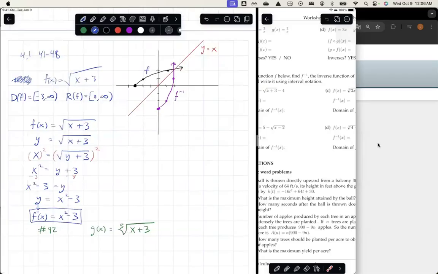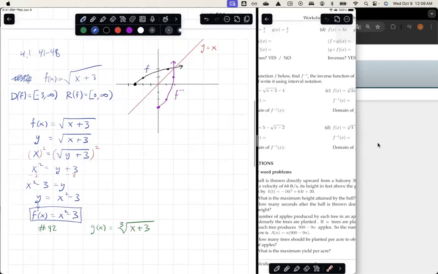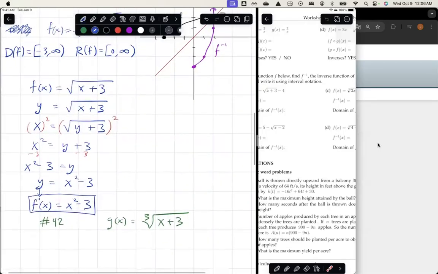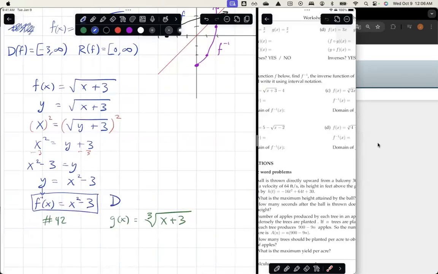The only catch here is that it is not the entire parabola. It turns out that the domain of an inverse function is going to be equal to the range of the original function. And so the range of the original function we found was 0 to infinity.